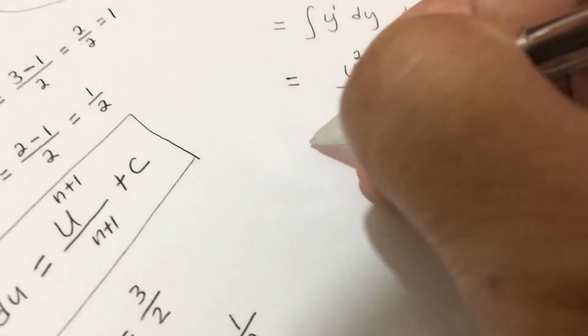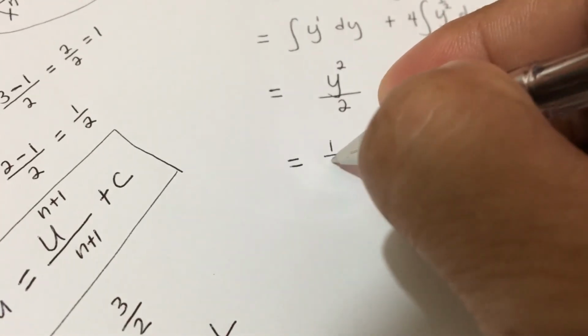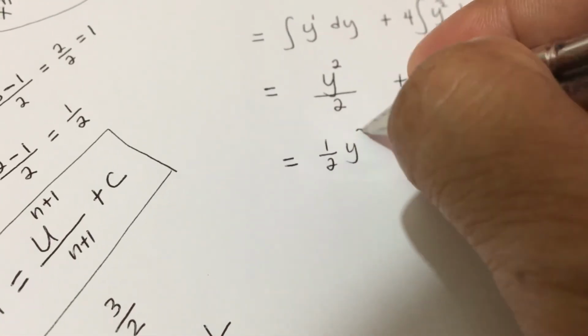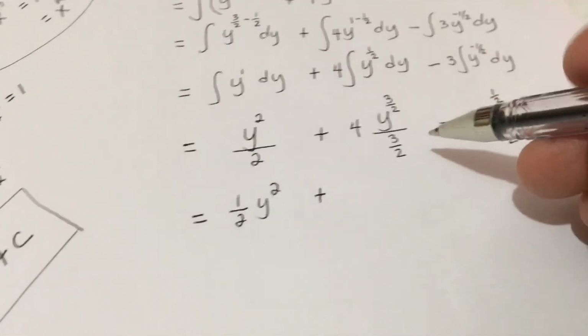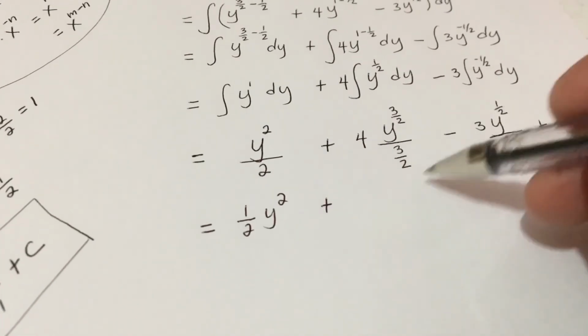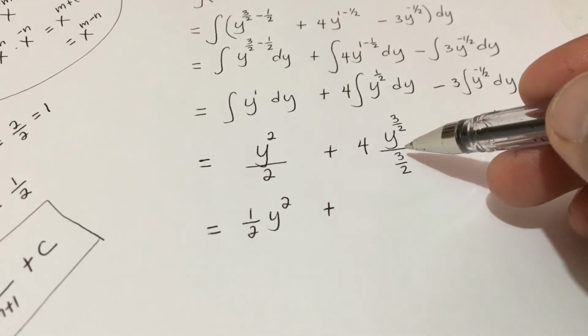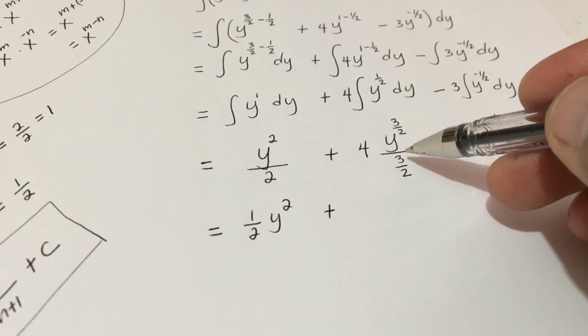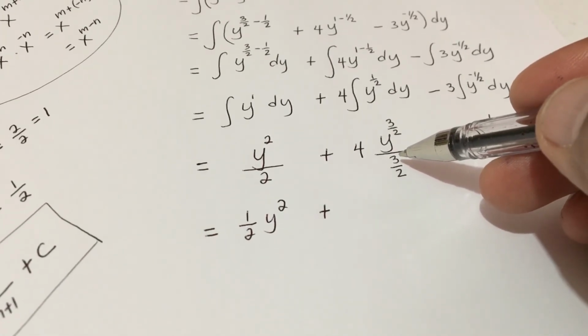So we can rewrite the first term as 1 half times y squared plus, so our second term is composed of a denominator that is a fraction. So the rule in division of fractions, we have to invert the divisor and proceed to multiplication.